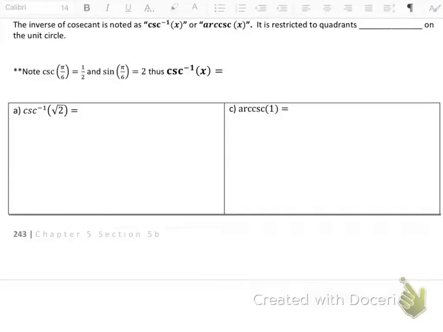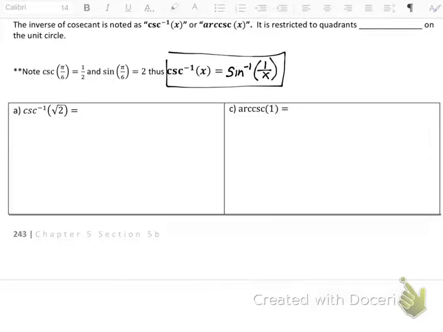So what that leads us to, and the fact that they share the same quadrants, is cosecant inverse of x is equal to sine inverse of 1 over x, or just the reciprocal of x.